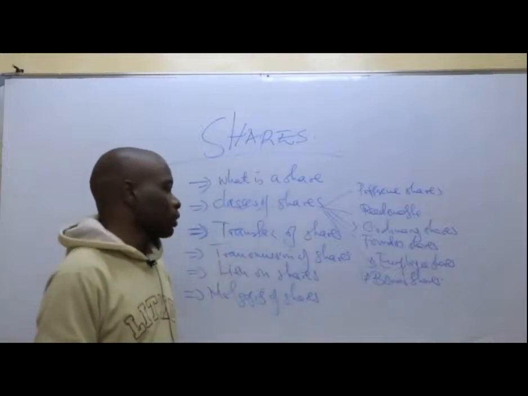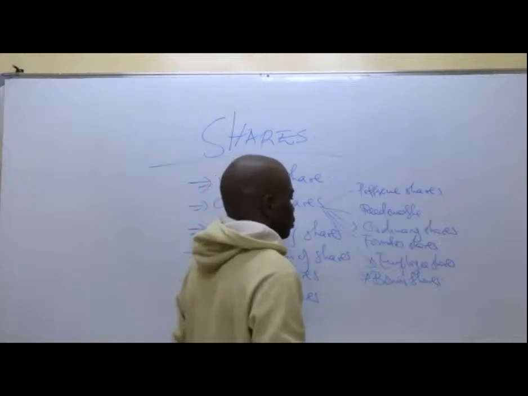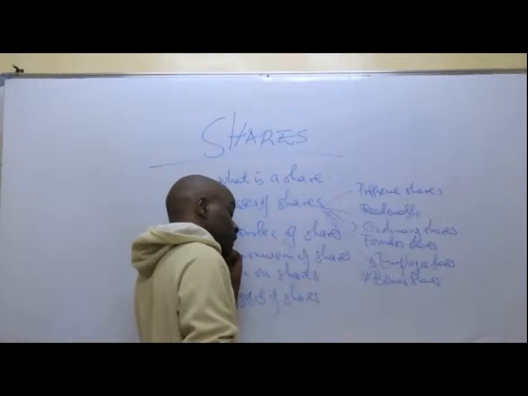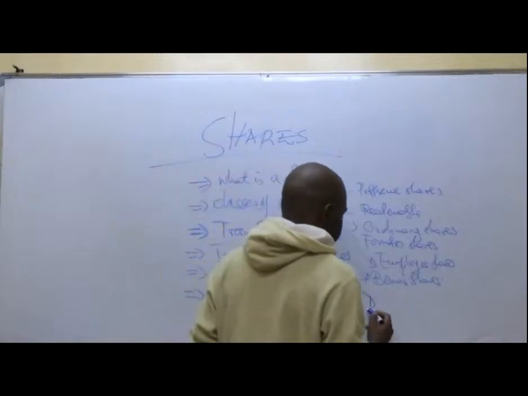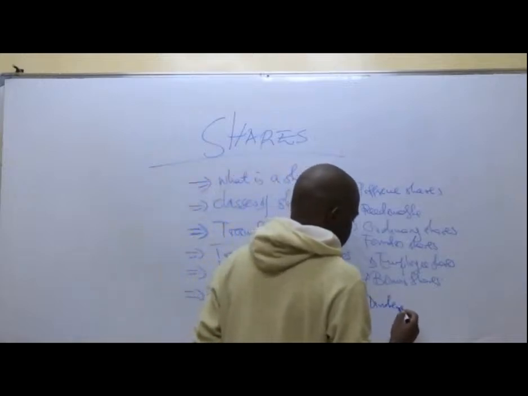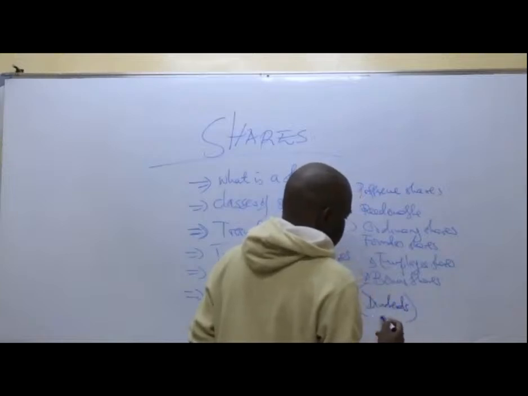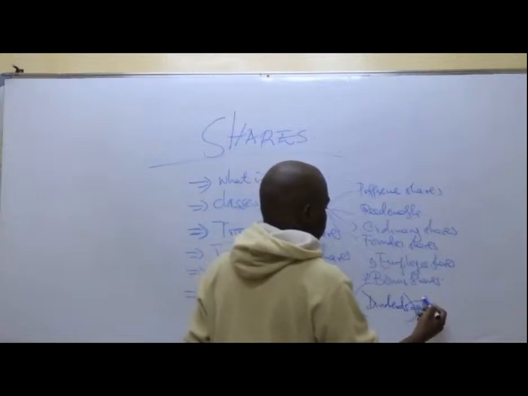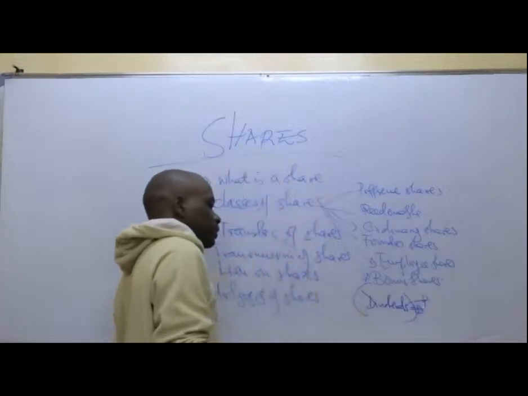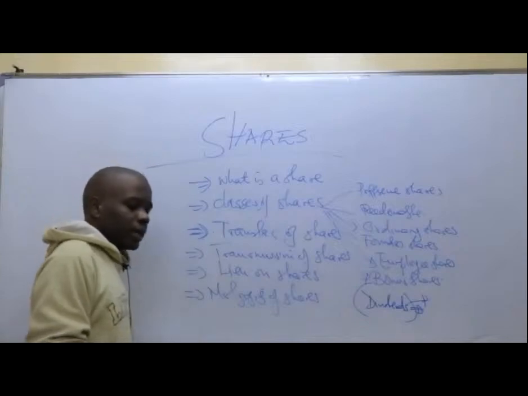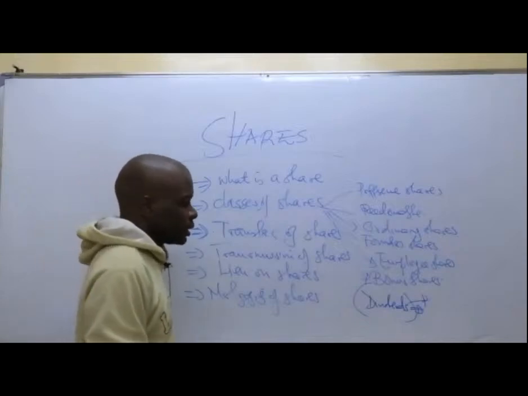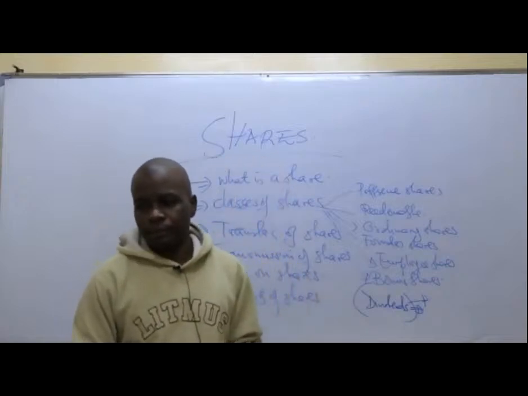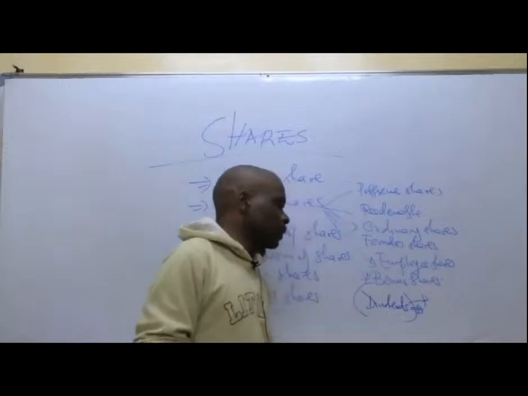Bonus shares. Instead of getting dividends from the company, because at the end of the day, if you have shares in a company, the expectation at the end of the financial year is to get dividends from the company, you can simply convert your dividends into more shares in the company. If you do such, we say you've gotten what we call bonus shares, or we can simply say capitalization of the dividends of the company.